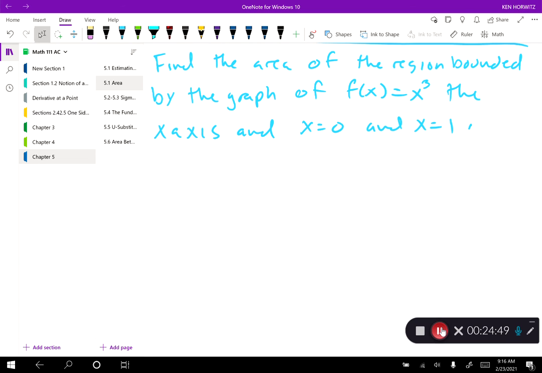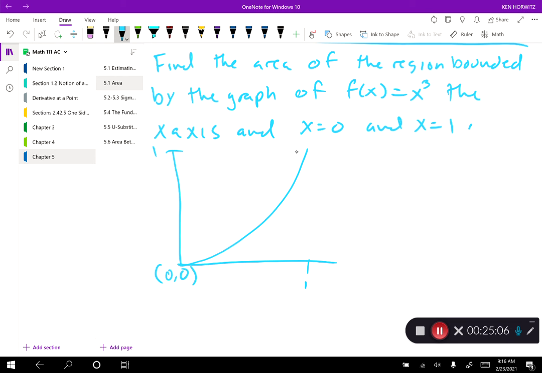The first thing I want to do is sketch a very quick graph between 0 and 1. There we go. And we're going to do rectangles.